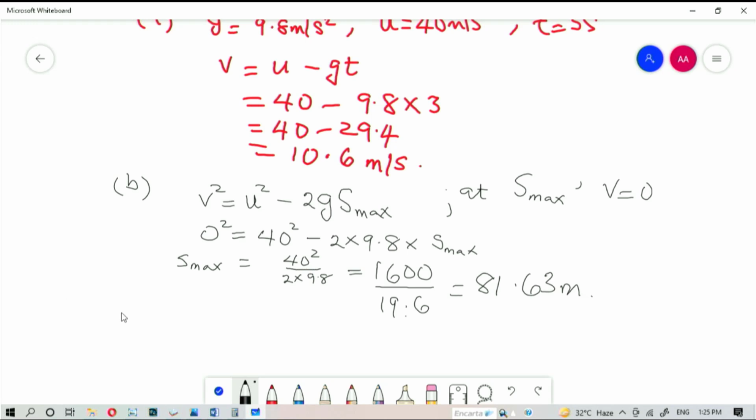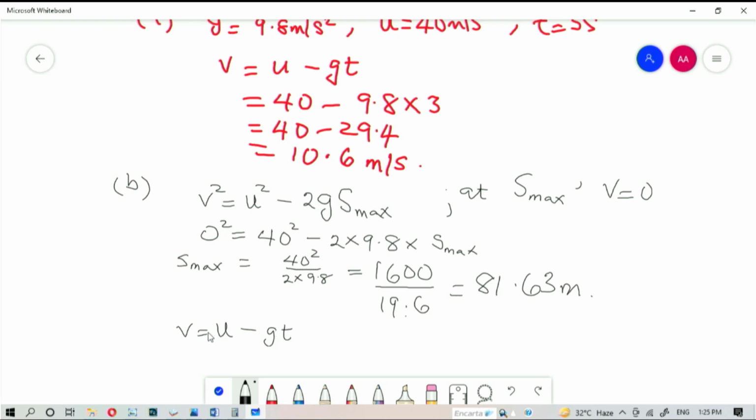Then for B, we are also asked to find the time it takes the stone to reach the maximum height. Of course, we use v equal to u minus gt.